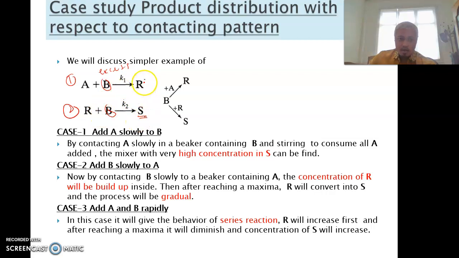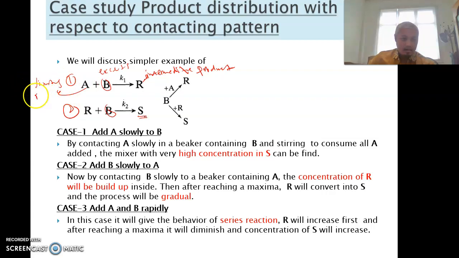So here we have an intermediate product. We can say that B is in excess. A we call the limiting reactant.